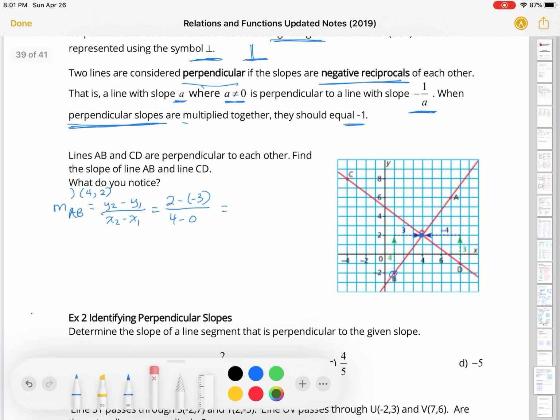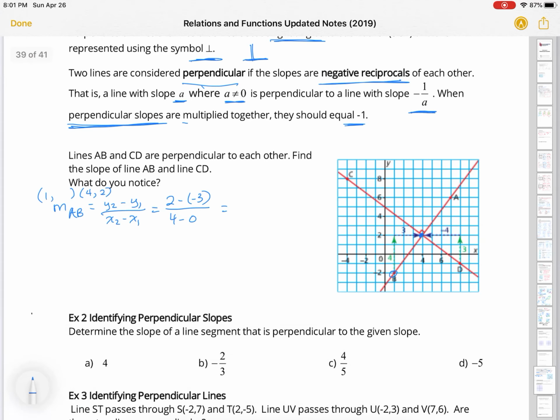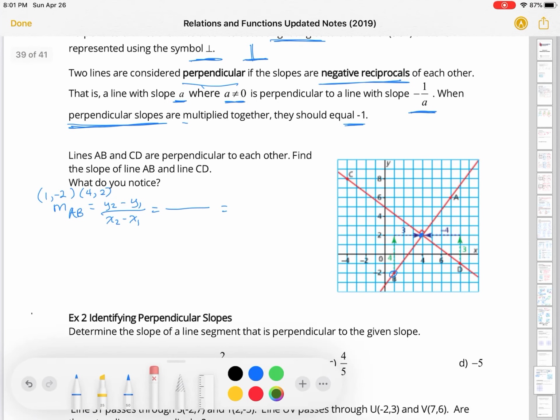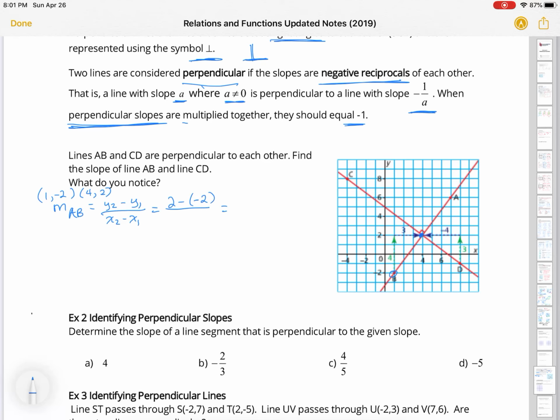Let's use that point there, because this one might not be exactly right. So let's use the point (1, -2). I'm going to just revamp this. Sorry about that, guys. So y2 is 2 minus -2, and x is 4 minus 1. So this becomes plus a positive, 4 over 3.